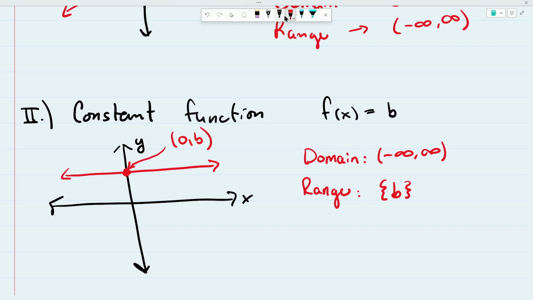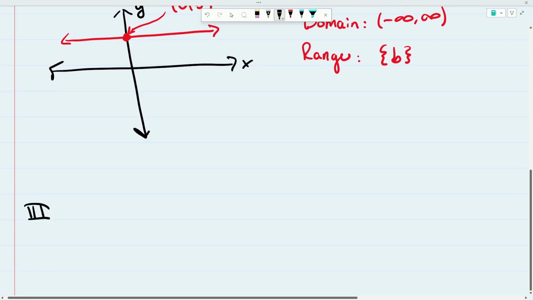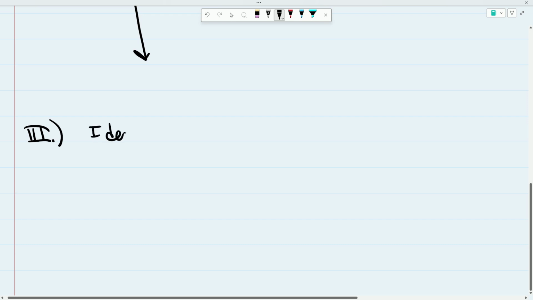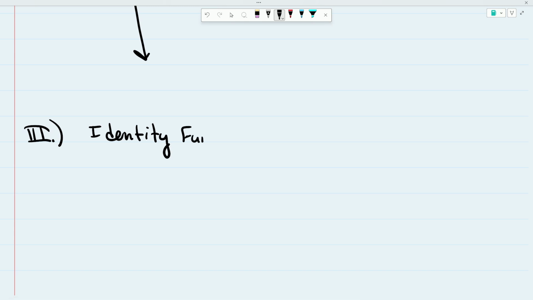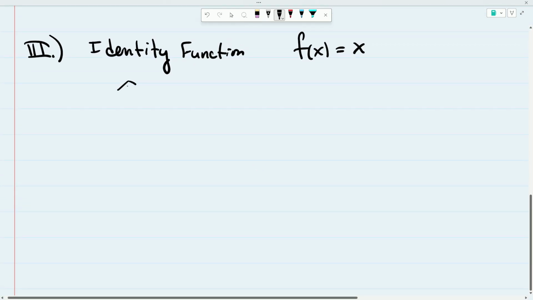Okay? Now, the next function we're going to look at, the third one, is what we call the identity function. And that's when we have f of x equals x. And that looks like this.